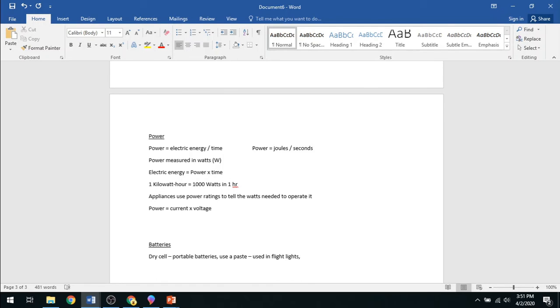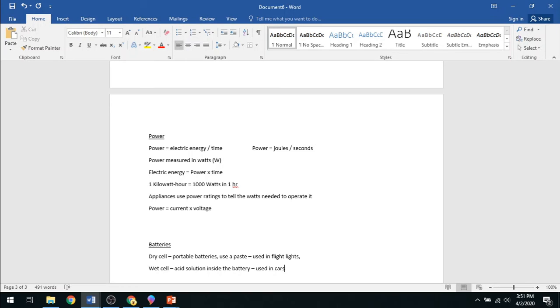Now, a car battery is a different type of battery. This is called a wet cell. This has got an acid solution inside the battery. So this is used in cars.